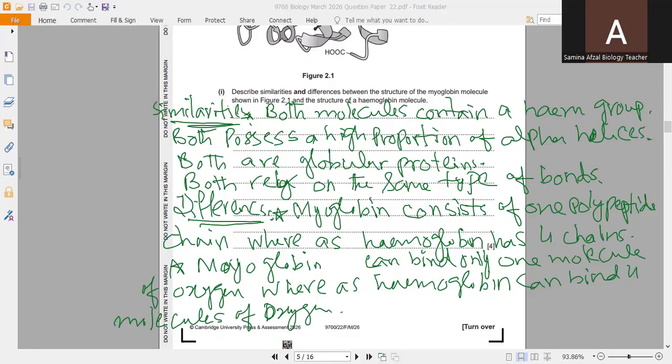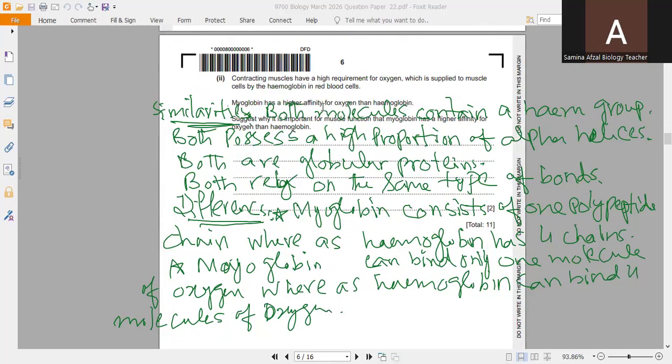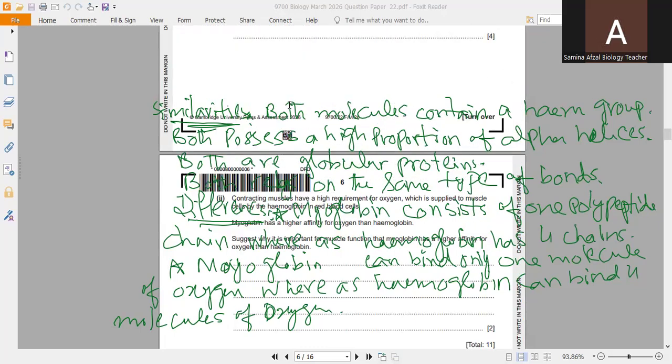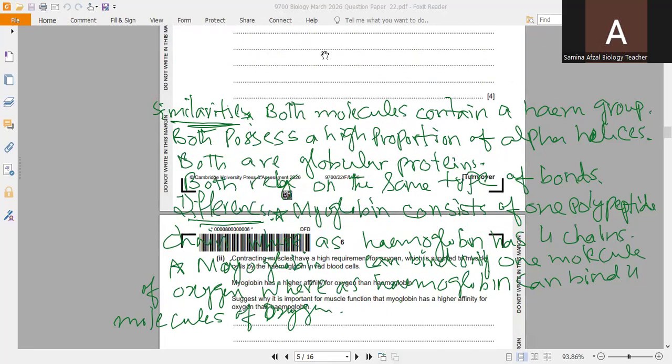So it was part C of this question, and part B 2 of this question.